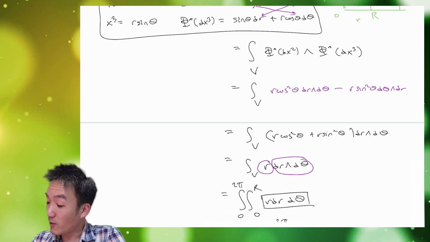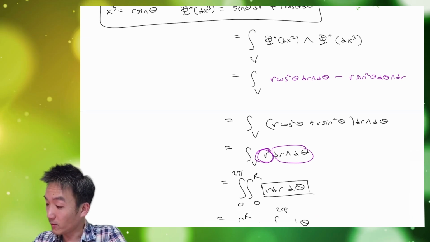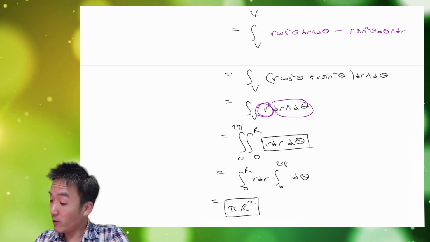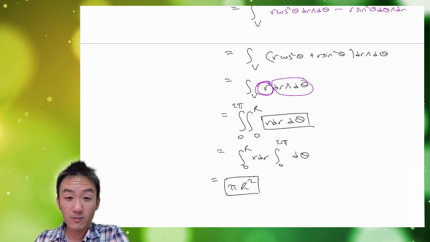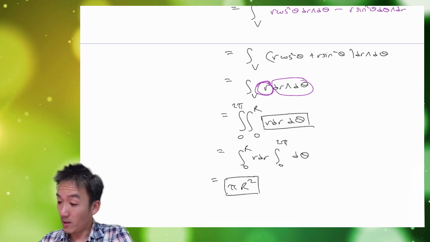It didn't become a coordinate area form. It picked up this weight r, and that just came from this pullback formula. That was just a computation, but the point is that now it's simpler to do this integral in polar coordinates than in rectangular coordinates, and we got the pi r squared. So it worked out quite nicely.